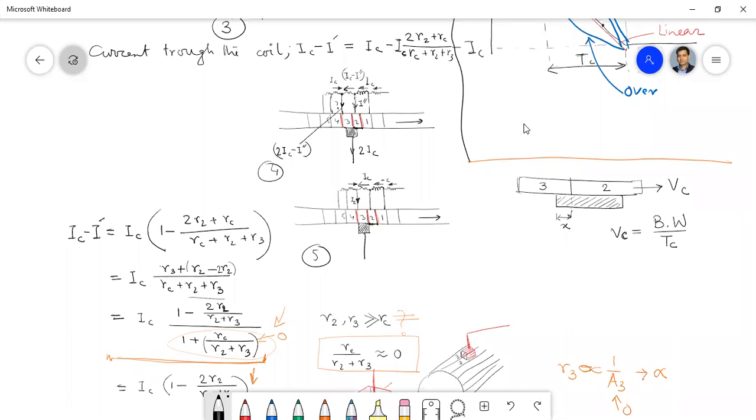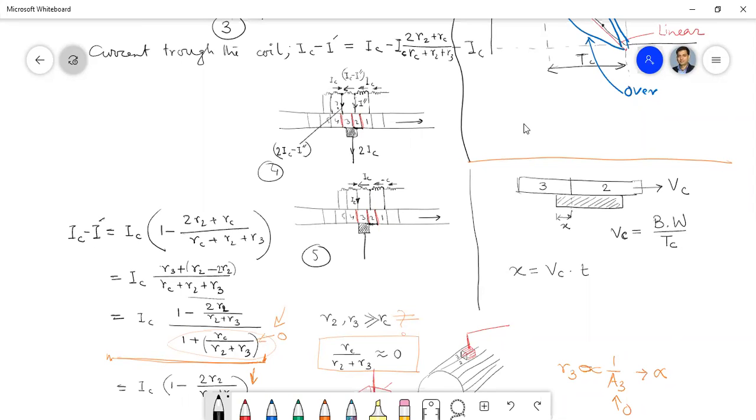Now how can we define this x? So x is nothing but vc into t, isn't it? At any time instant t, where vc is the peripheral velocity of this commutator.